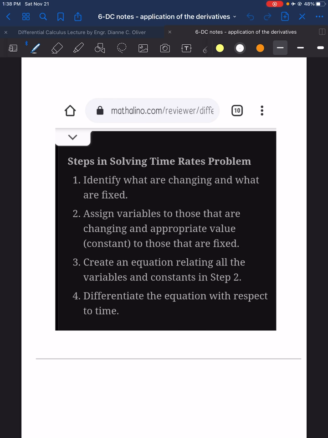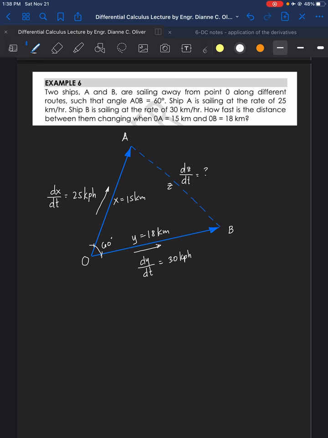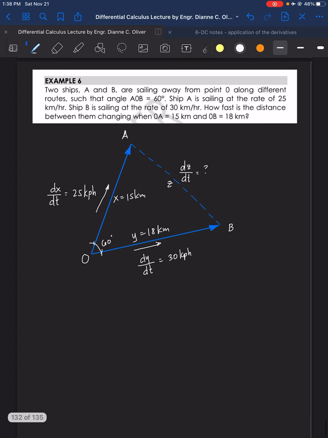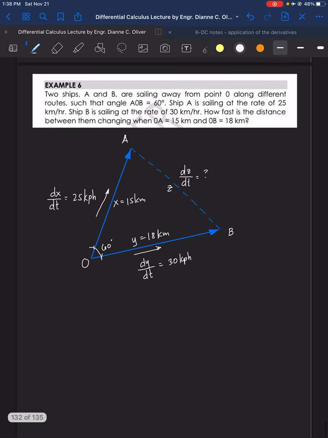Next, number 3. Create an equation relating all the variables and constants in step number 2. So what equation can we derive from this situation? Well, we can use the cosine law.